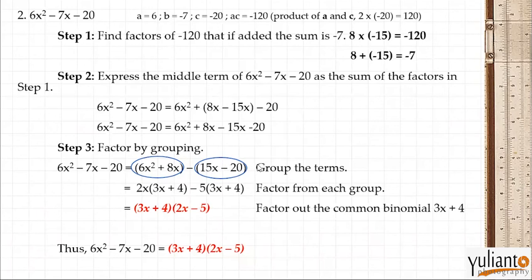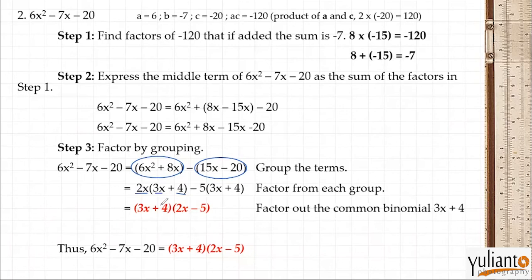Next is in here after putting brackets for each of the two terms, we factor. Okay, we find the GCF for the first one, we have 6x squared plus 8x. Now the GCF here, I found 2x as their common factor, and then leaving it with 3x plus 4.